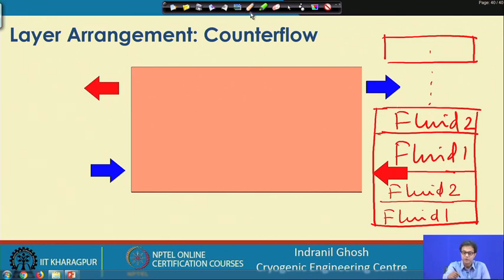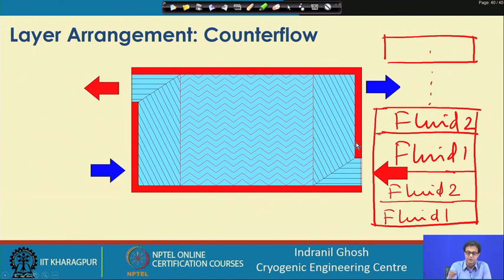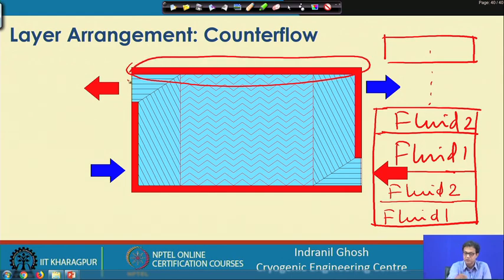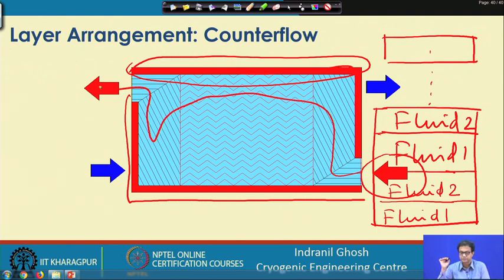If we go back to the earlier slide, the previous one, you will find that the sidebars are arranged in such a way that they are on this side, and we have this sidebar on this side, so that fluid 2 is guided like this and it is coming like this.